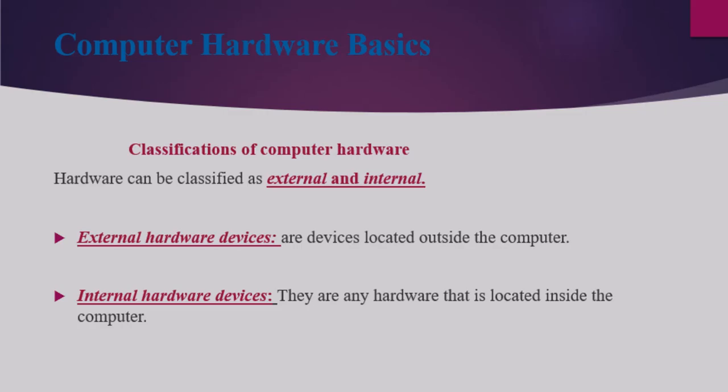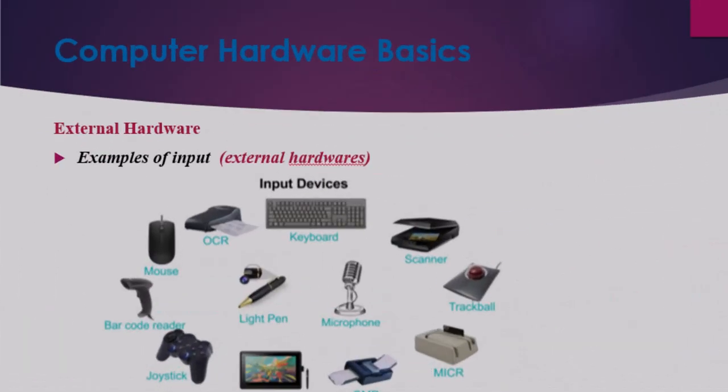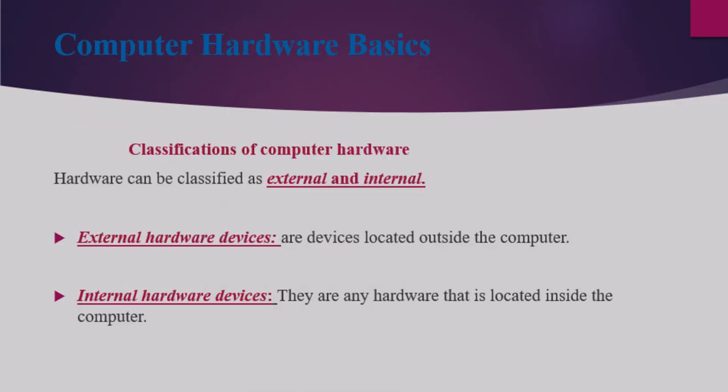The external hardware are devices located outside the computer, like we have the keyboard, the scanner, the microphone, the mouse. And the other one is the internal hardware. They are any hardware that is located inside the computer.